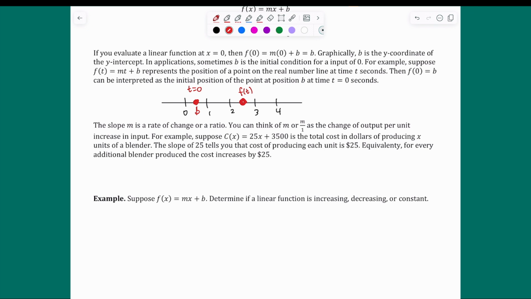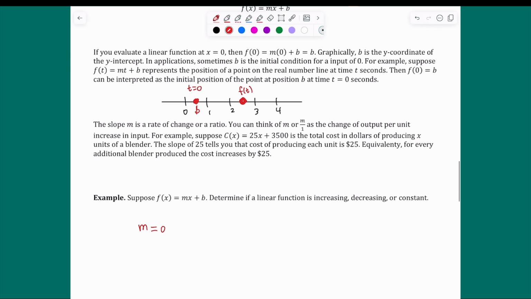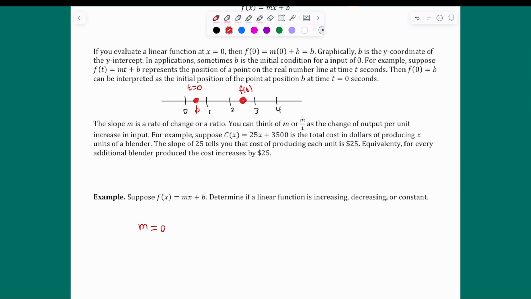And so we know that if m is 0, then it's constant. In other words, it's not going anywhere, because you have 0 change in output for every unit increase in input. So it's constant in this case.